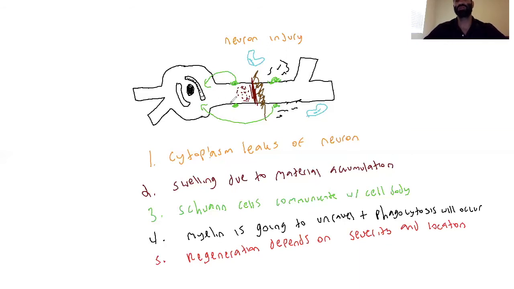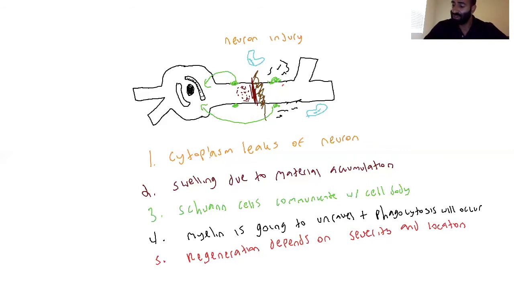Schwann cells are going to accumulate with the cell body. Myelin is going to unravel and phagocytosis is going to occur. Depending on the location, this distal aspect will eventually be degraded and phagocytized, or it could possibly be regenerated, or in rare circumstances the damage can actually be repaired. But that is certainly not a guarantee.